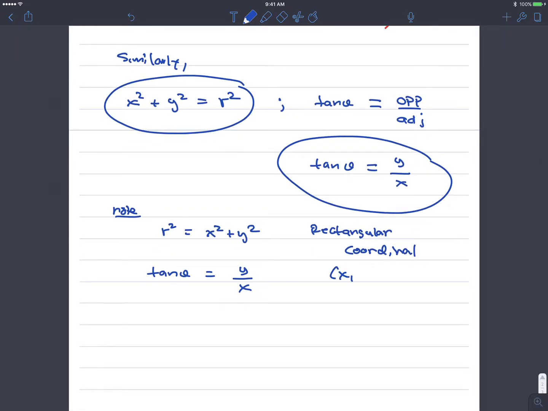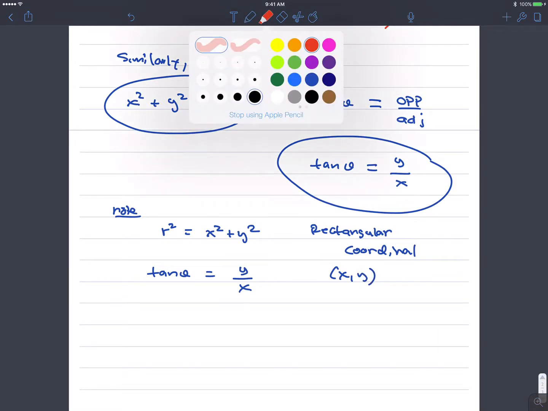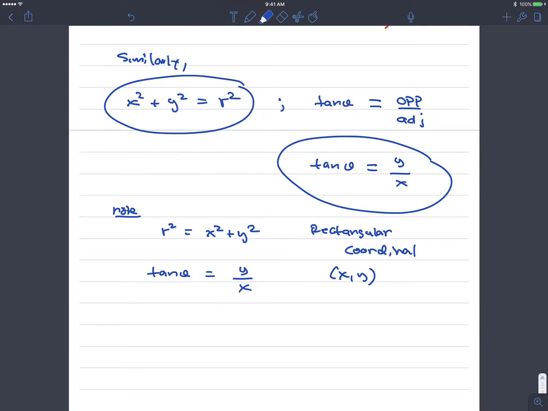Rectangular coordinates of the form x and y. If you give me x and y, I square them and add them. Here I divide them. Notice what I get in return. I get an r value and a theta value.